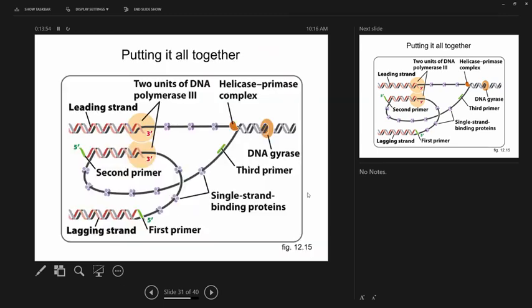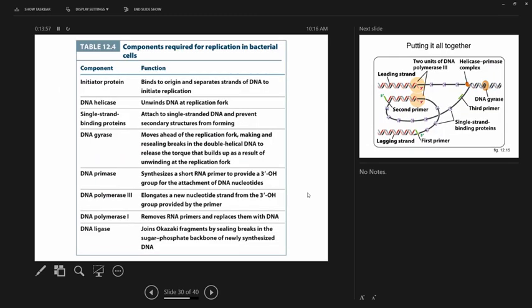I can't ask you what each one does, but you have to say in your own words what each one does, and I will ask other questions, like where does it work and how does it affect its job? So the best way to study this is to review the entire process and how it works. Just go through it a bunch of times with this table next to you. And pretty soon you'll have it.